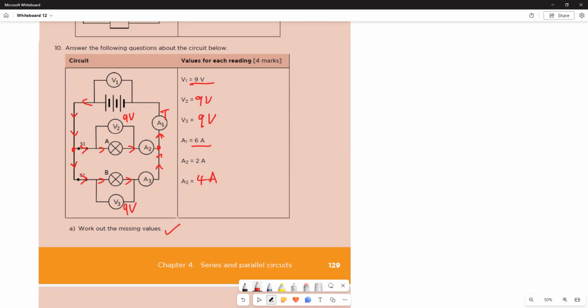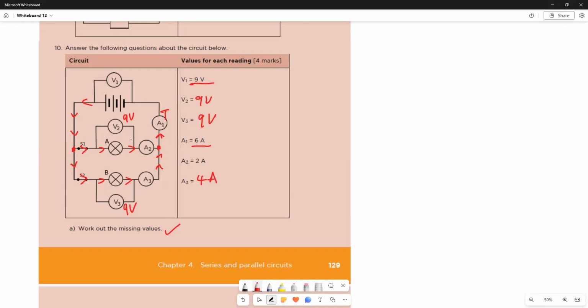Perfect. And then let's see what else I need to discuss. Okay, they can ask you why this current does not flow into the voltmeter. The reason why current does not flow into the voltmeter is because a voltmeter is made up of extremely high resistance. And resistance being high means that the current cannot flow at all there.